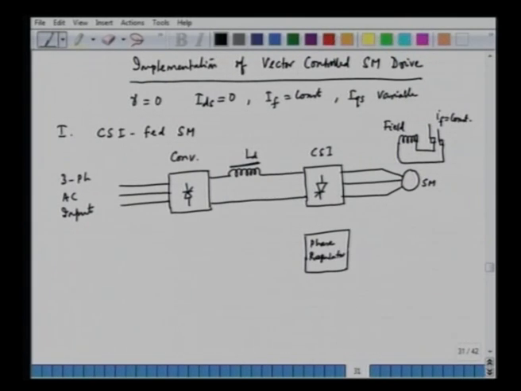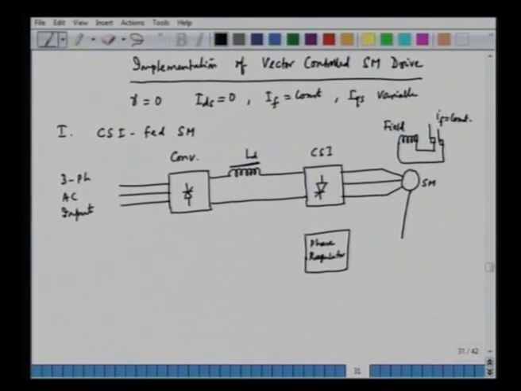To control the synchronous motor, we have to use a position sensor. That is very much necessary, because the motor is being operated in self control mode. Unless we have a position feedback, we cannot have self control mode. So, we have to have a measurement of theta r. This is achieved by using an encoder to obtain the position information.